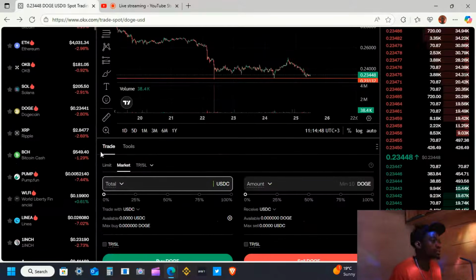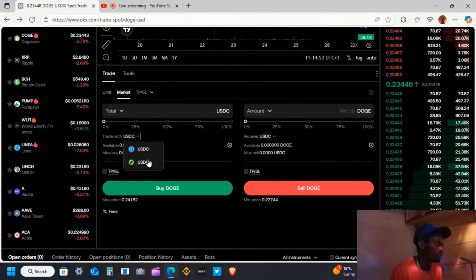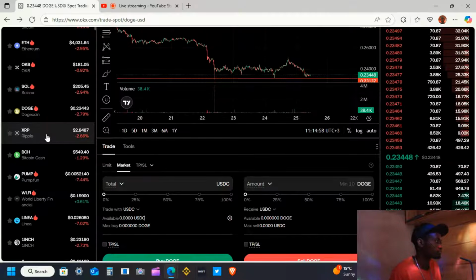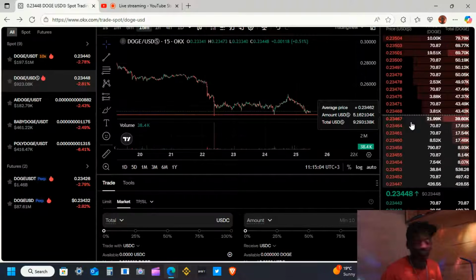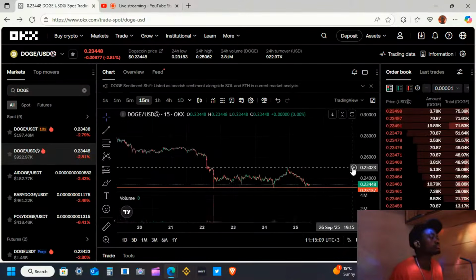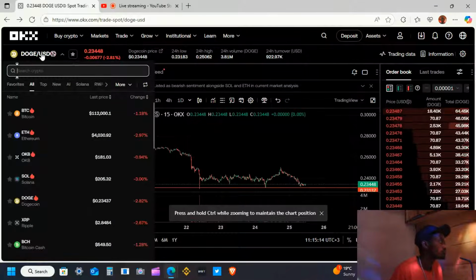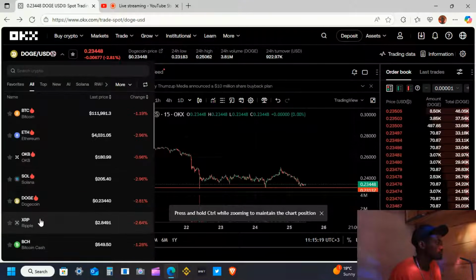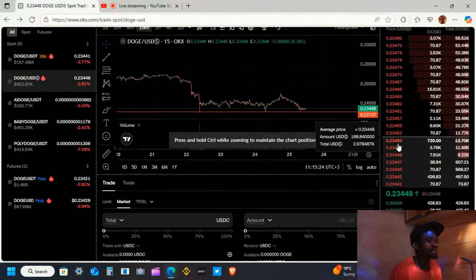Doge pegged USD. Why is it pegged with USDC?